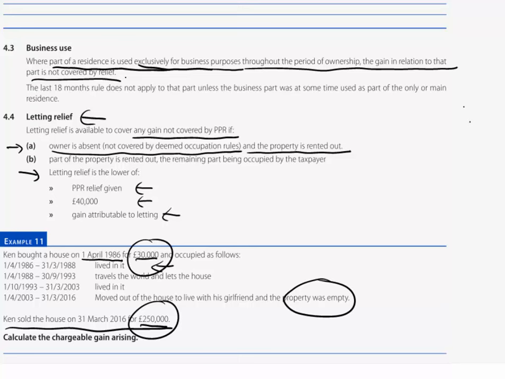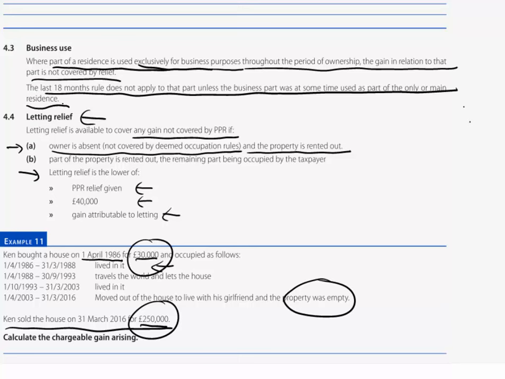Just one thing when you time apportion, the last 18 months rule in terms of your PPR relief does not apply to that part, that's the part used for business purposes, unless the business part was at some time used as part of the only or main residence.